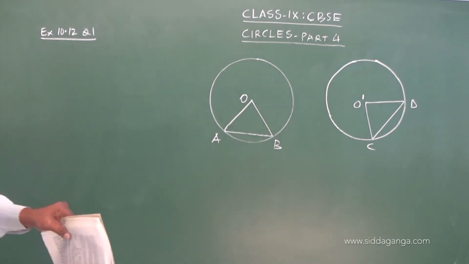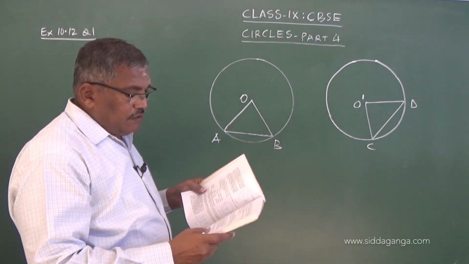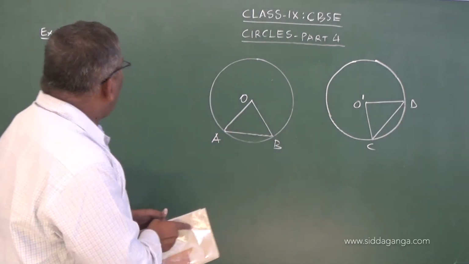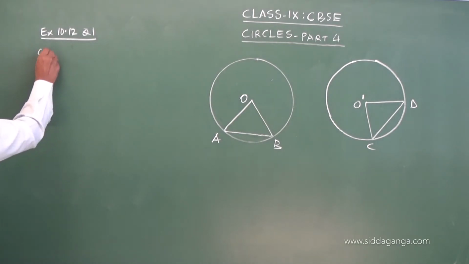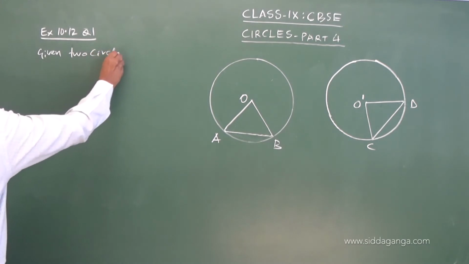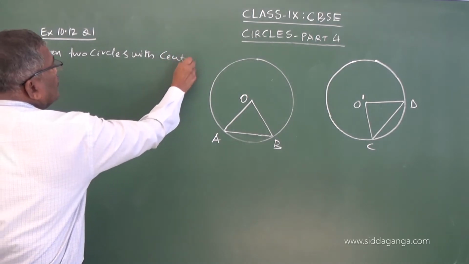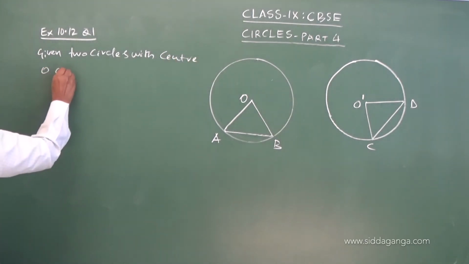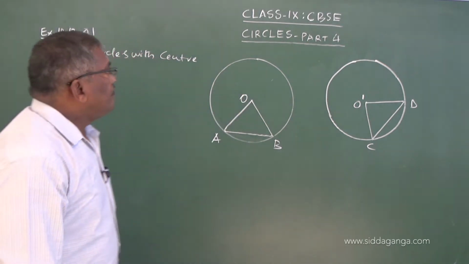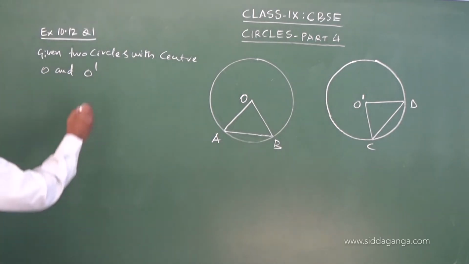Now you read the theorem once again. Recall that two circles are congruent if they have the same radii. So we have two circles with centers O and O dash, and it is also given the same radii.